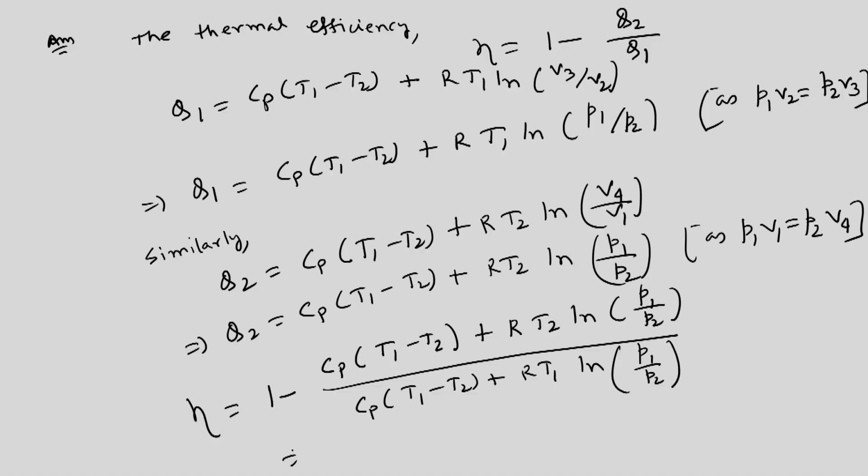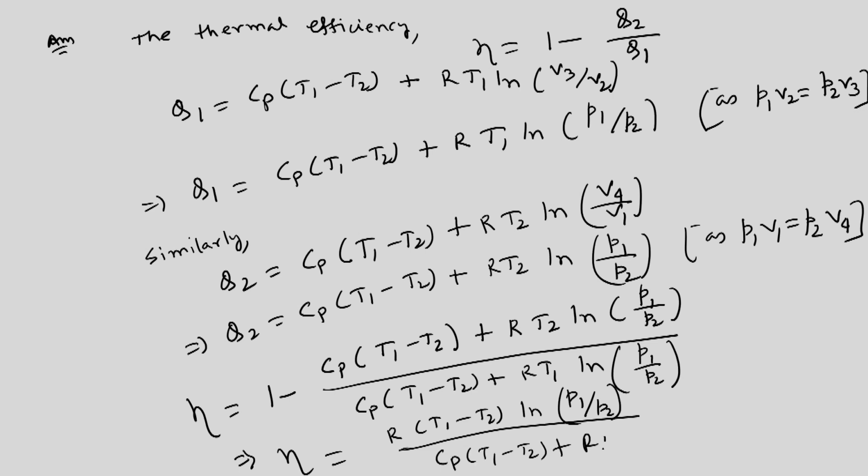So, if we simplify further, we get eta is R (T1 minus T2) times ln P1 by P2 by [Cp times (T1 minus T2) plus R T1 ln P1 by P2]. Okay, so this is the solution.